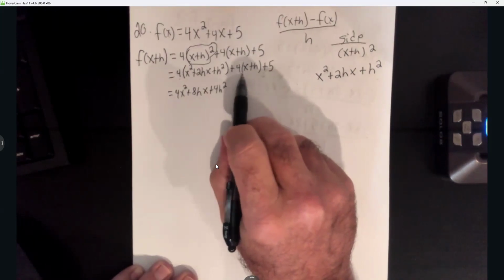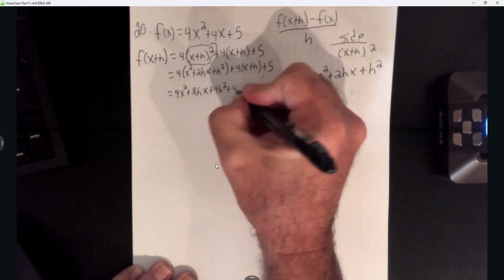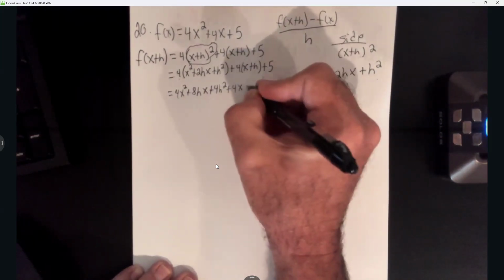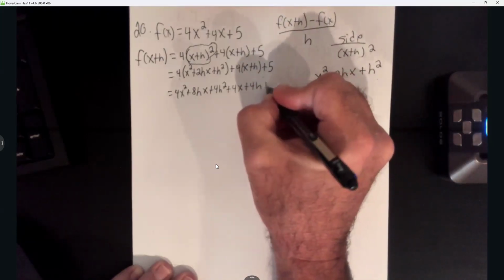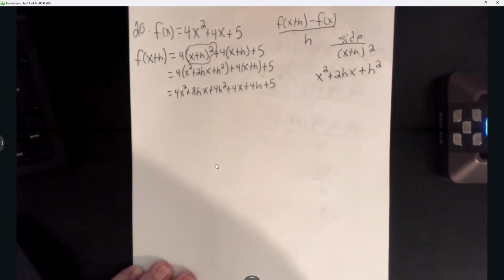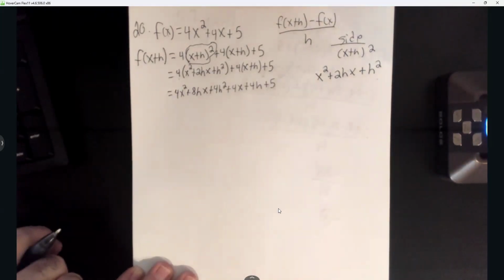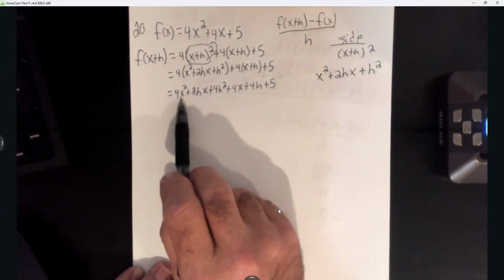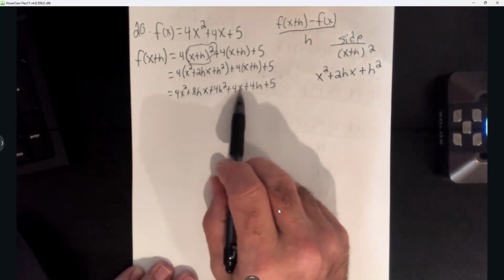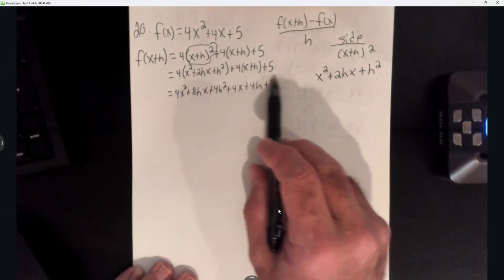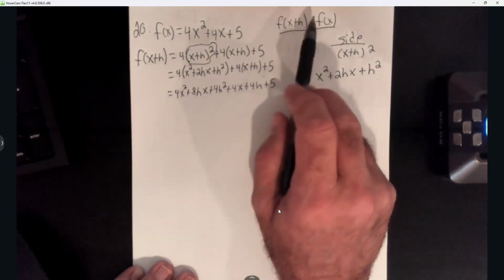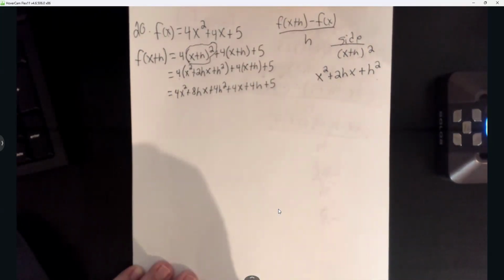Do that here. 4 times x is 4x. 4 times h is 4h. And then at the end is a plus 5. Now, what's sort of sad about this one? There's no like terms. So this whole thing right here is the f of x plus h.